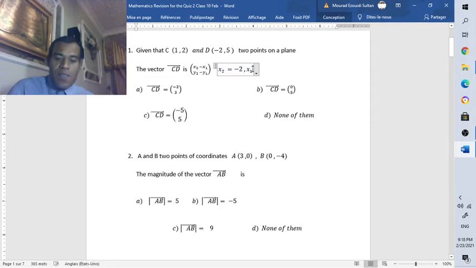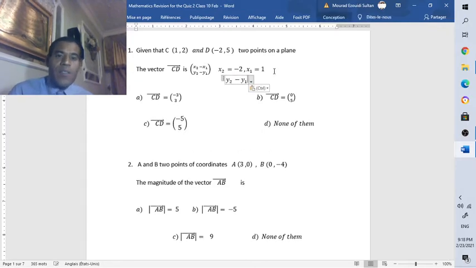And then for the y, I will write it here. We have y2 is equal to what, my learners? y2 is equal to 5, and y1 is equal to 2.